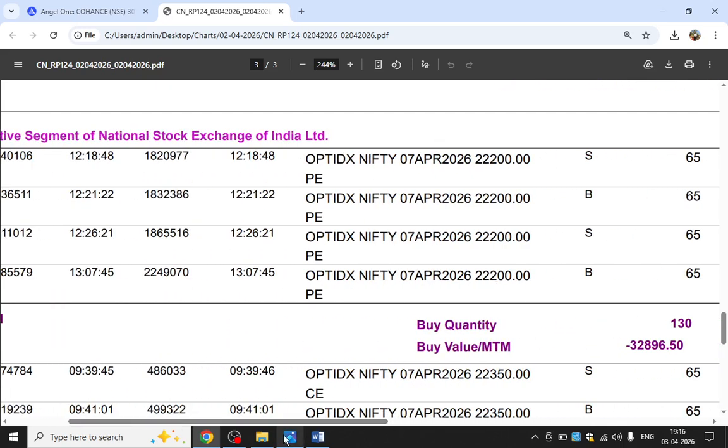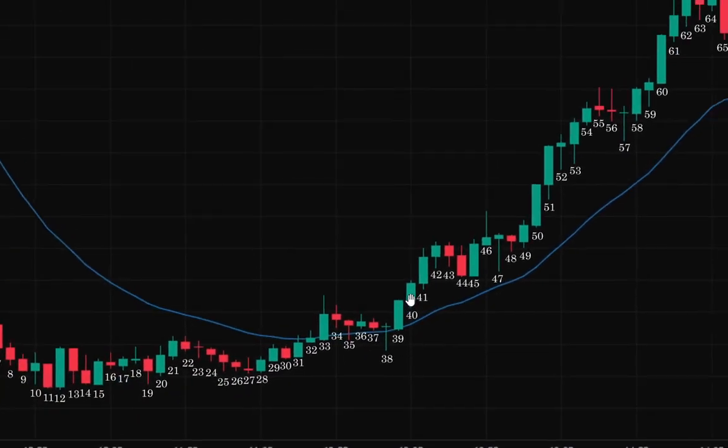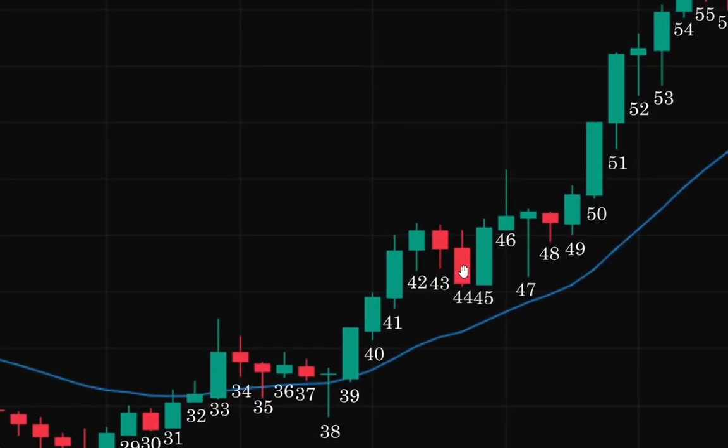After that, as you can see, the price went up and it also had a breakout.